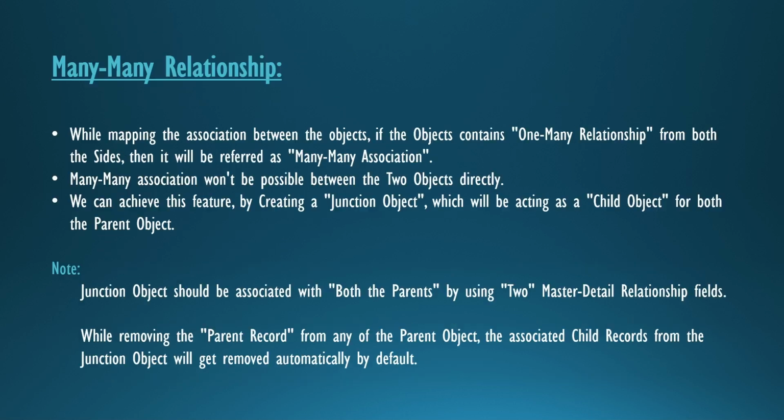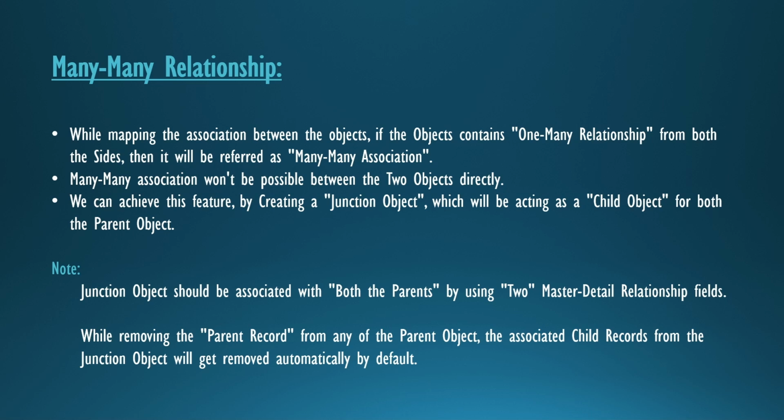Many to many relationship. While mapping the association between the objects, if the objects contain one to many relationship from both the sides, then it will be referred to as many to many association. Many to many association won't be possible between the two objects directly. We can achieve this feature by creating a junction object, which will be acting as a child object for both the parent objects.